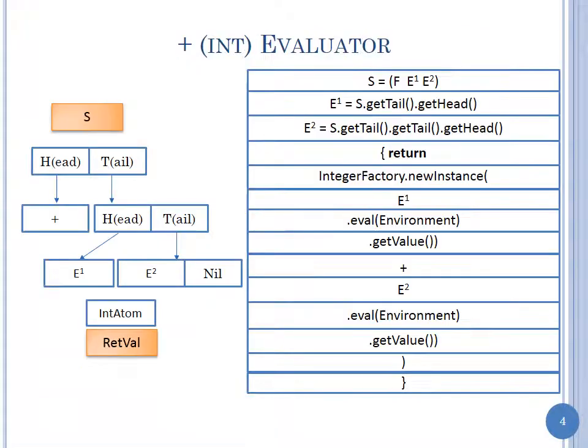You saw that in the plus evaluator: when we got the E1 and E2 out of this application of a function to two arguments, both E1 and E2 were heads of something.